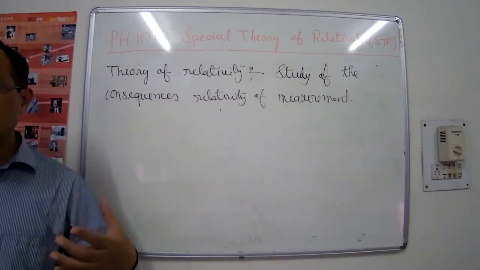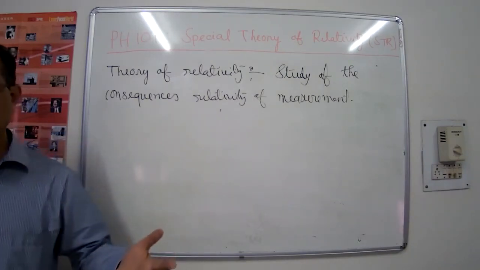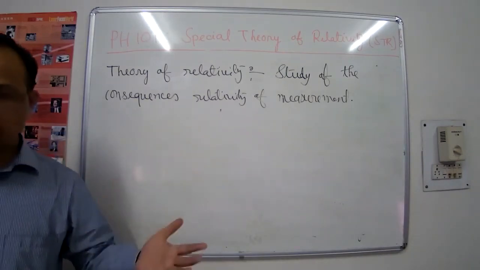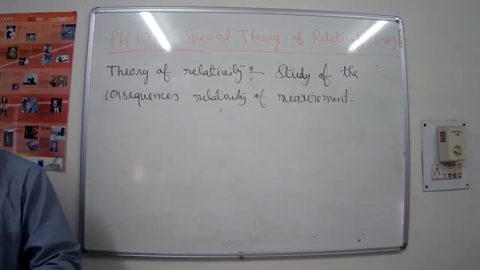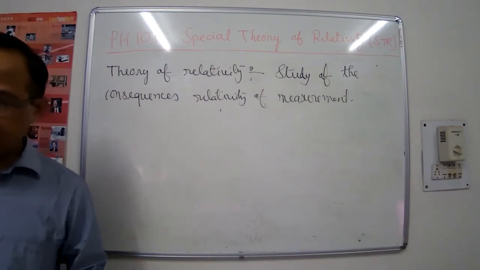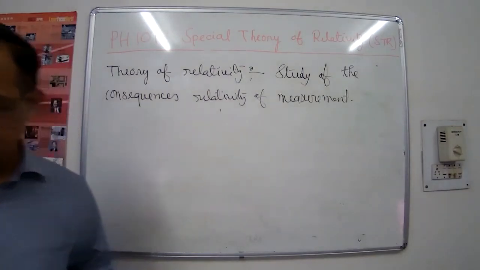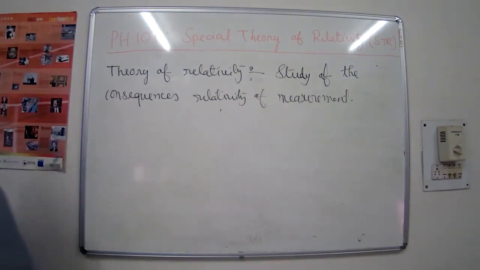I'm just trying to tell you the historical perspective of Newtonian mechanics, and why relativistic mechanics needs to come, where they will both agree and where they will not agree. So this is mostly the philosophical part. Of course, in future I will consider other cases also.